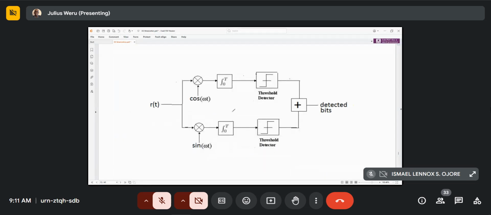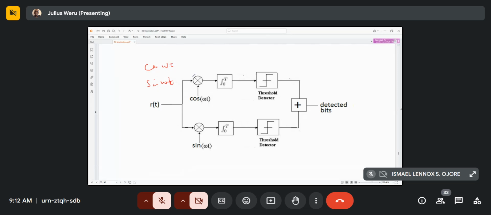So what you're doing is the signal goes to both arms. One is multiplied with a cos omega ct, and the other one is multiplied by a sine omega ct. This is what I was trying to explain before.